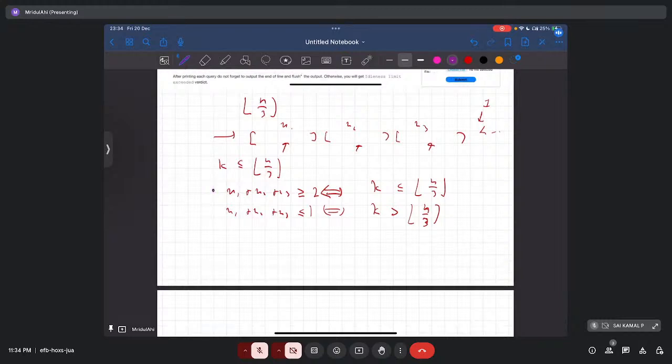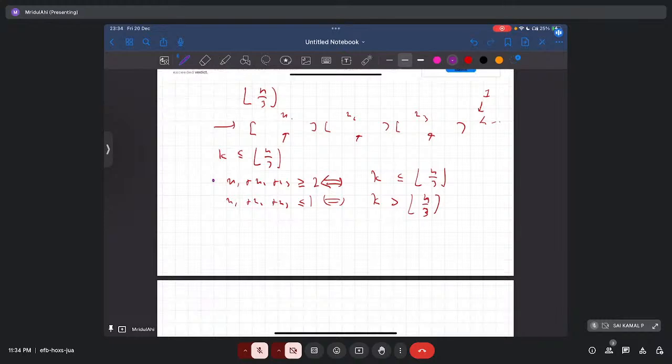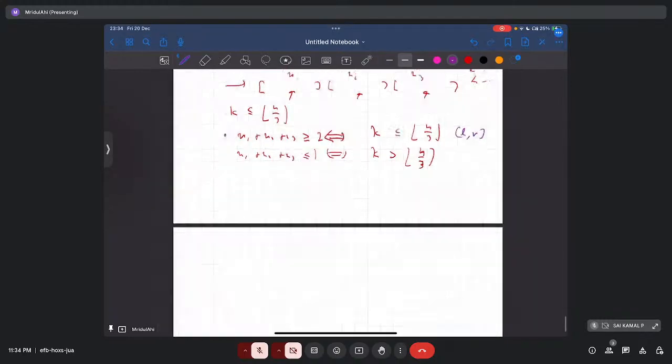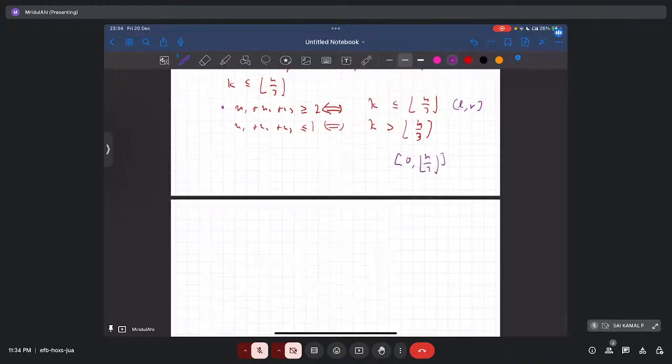Let's consider the first case now. In whatever subarray it outputs 1, we know that there is no 1 there, because the interactor is giving us the incorrect output for that subarray. So let that subarray be L, R. Then we have to binary search over k in the range 0 to n by 3.